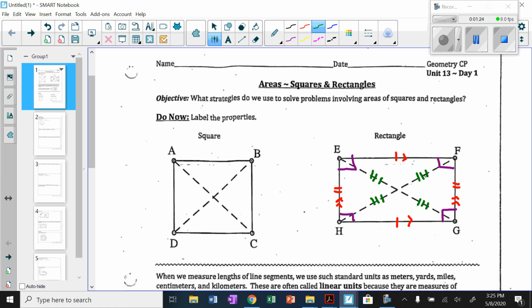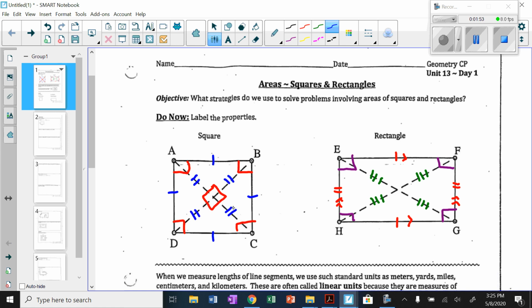Okay, now square, remember the square was the queen bee. The square had all of the properties. So in a square, not just opposite sides are congruent, all sides are congruent. All angles are right angles. The diagonals are perpendicular, which means we have right angles in the middle. Similar to a rectangle, the diagonals are not only congruent, they also bisect each other, which means all four parts of these are equal.